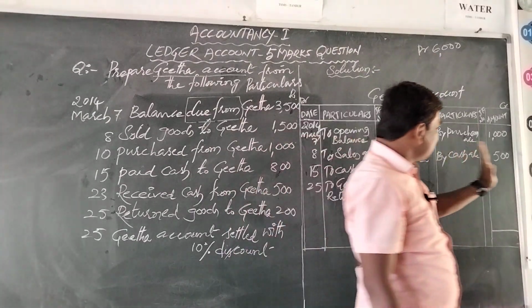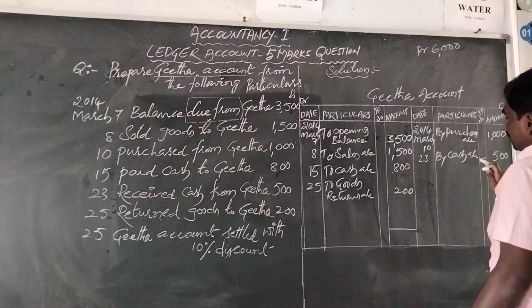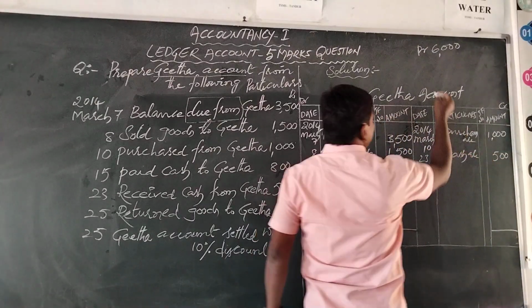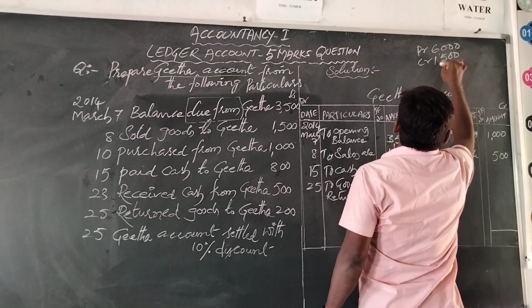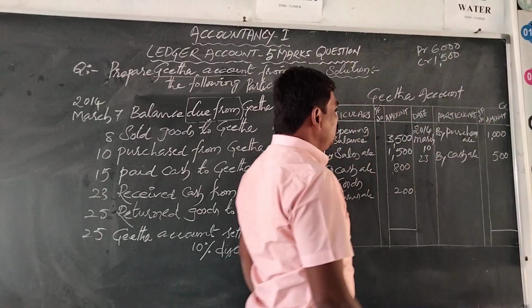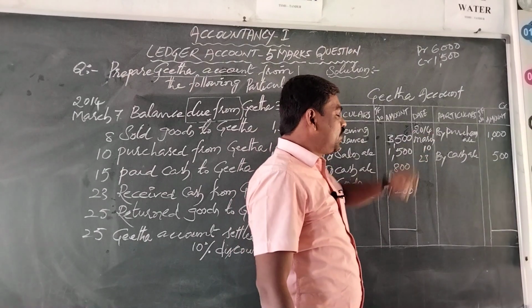And come to the credit side. If you see the credit side, the credit amount is only 1,500. If you calculate the total credit amount in the Geeta account, that will be 1,500.